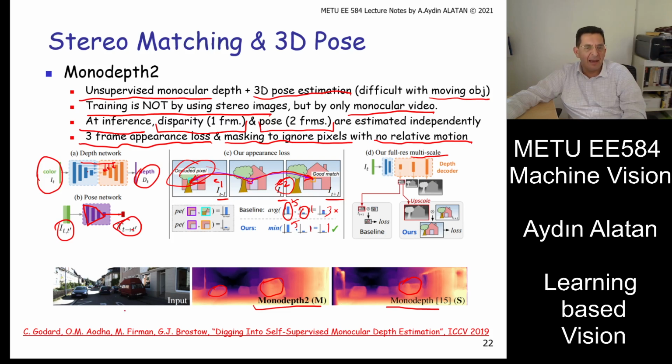And these kinds of little tricks are basically improving and giving you sufficiently good results. As you can see, I am estimating from mono images not only the dense depth, but also the 3D pose together by only using a mono image sequence.